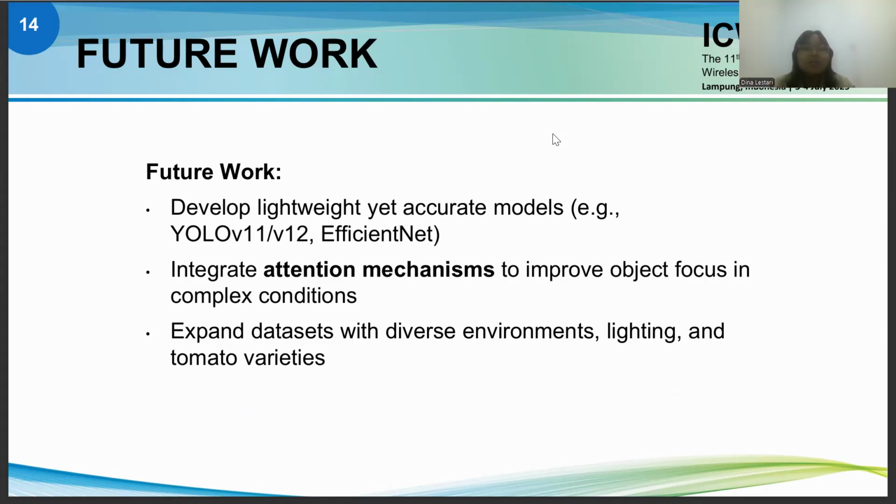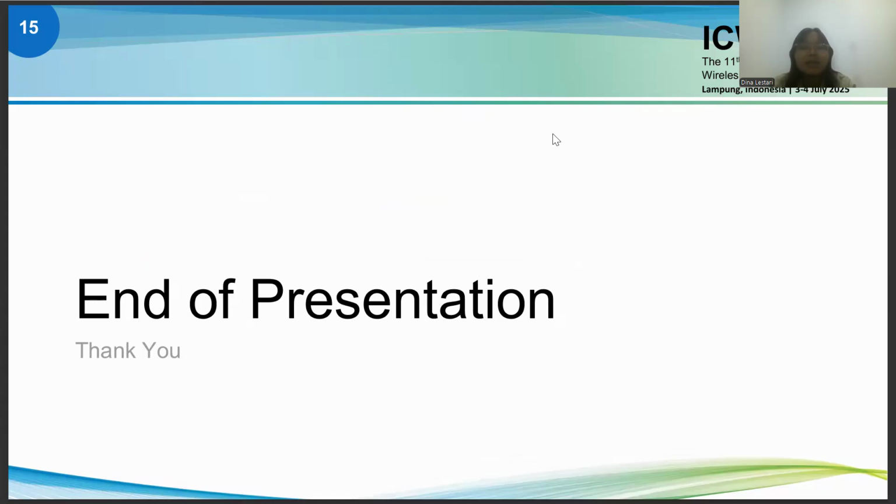And the third, building more diverse datasets representing real agriculture conditions like outdoor fields, multiple cultivars, and variable lighting. And the last one, combining CNN and transformer architecture may also improve model robustness and accuracy.